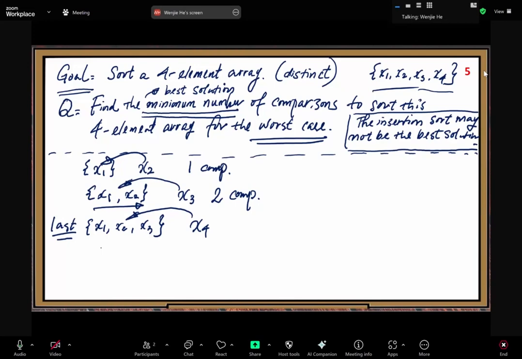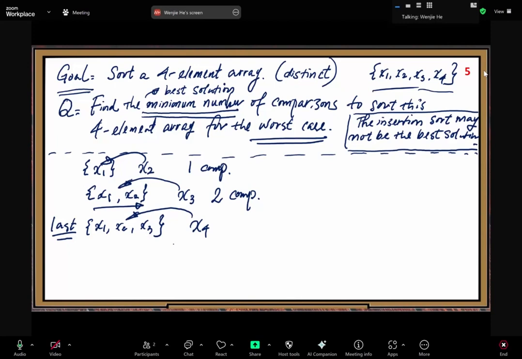So here, in order to get the best solution, at this step, we should try our best using the minimum number of comparisons to get this x4 element to join the ordered array and get the whole data set ordered.